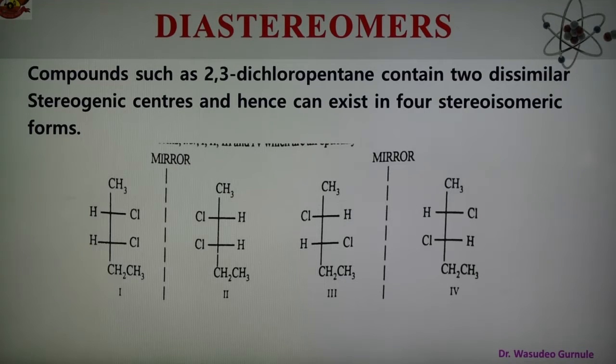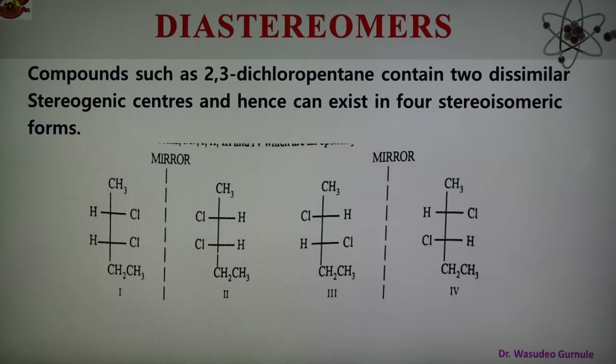Now what is the relationship between the other pairs, such as 1 and 3, 1 and 4, 2 and 3, 2 and 4? Their structures show that none of these pairs are mirror images of each other, and therefore they cannot be interconverted by rotation about the carbon-carbon bond.